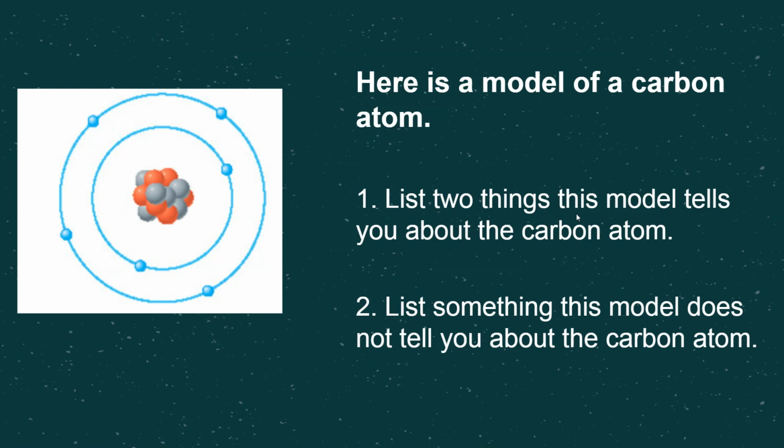If you look at a map, they'll have a little scale drawn somewhere on there, and that can help you identify the distances between things or how large or how small things are. These models don't give us any information about the actual or relative sizes of these particles or how far apart these circles are that these electrons are floating around on.